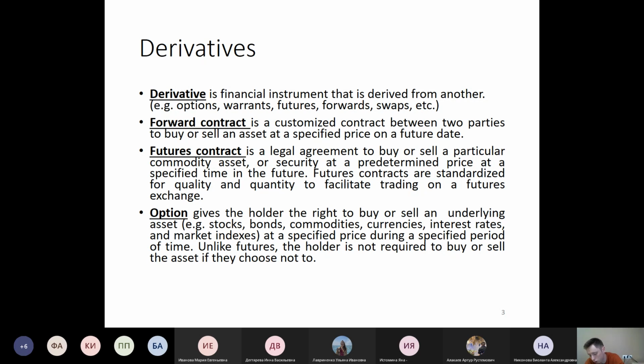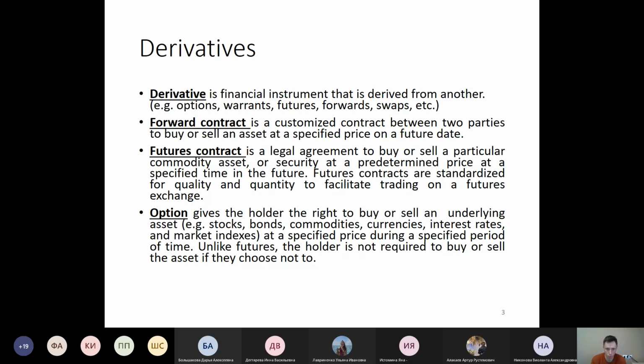So let's say the contract to sell 100 pounds of grain at the predetermined price, and as there are multiple suppliers of grain, there are multiple buyers of grain, it might be of interest for them to be able to trade such types of contracts, and this is how the futures emerged.